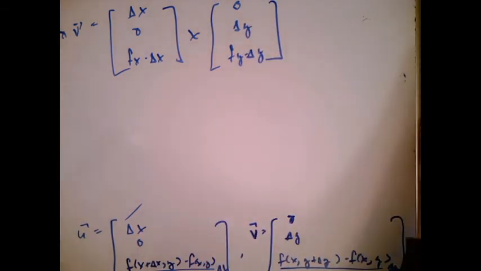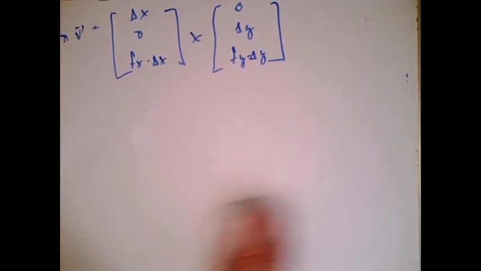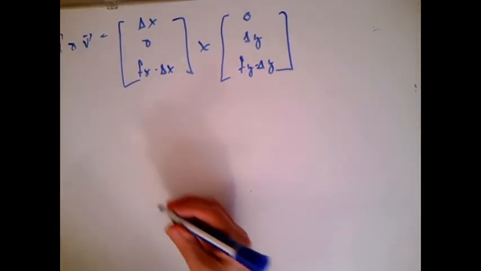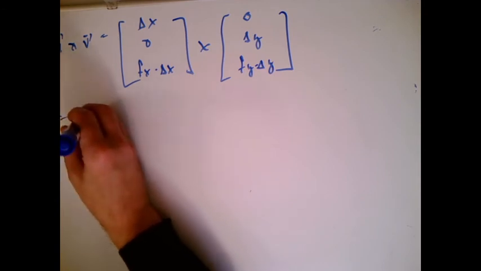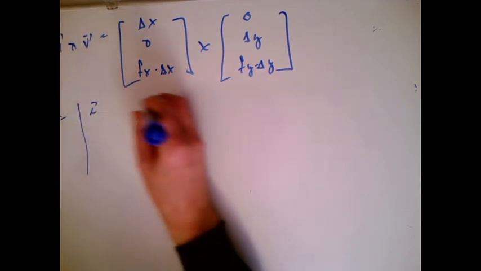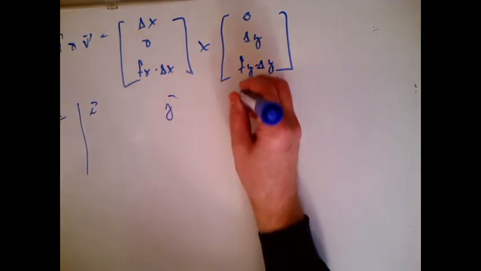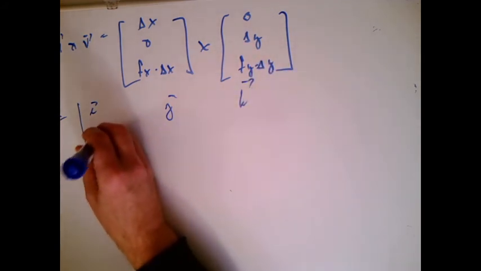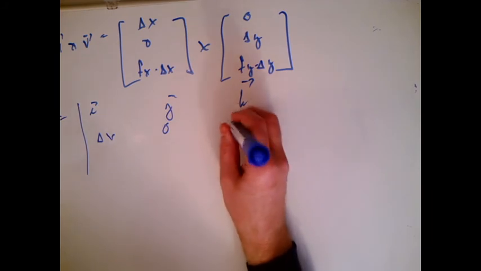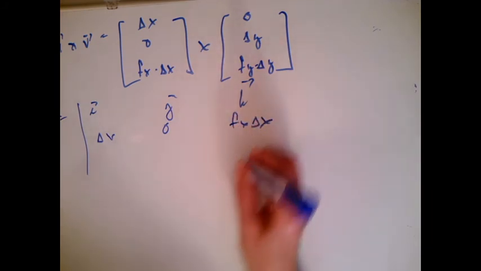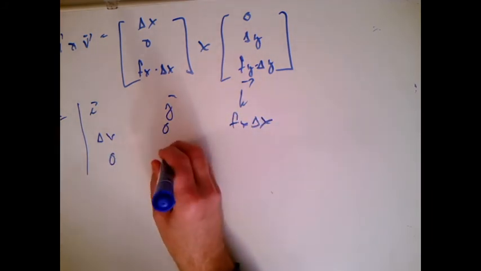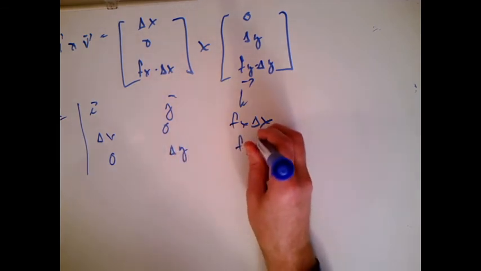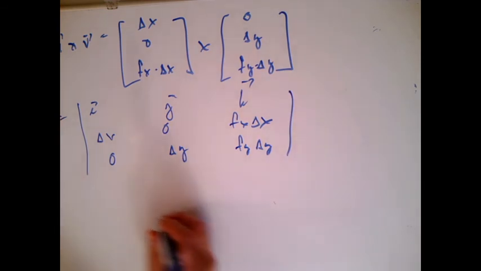And we need to do the cross product. So we're just going to put it in the cross product formula that we earned by doing the distributive property so hard. So here we go. This is going to be i, j, k, and then delta x, 0, fx delta x, and this is going to be 0, delta y, fy delta y, and now we're just going to calculate.